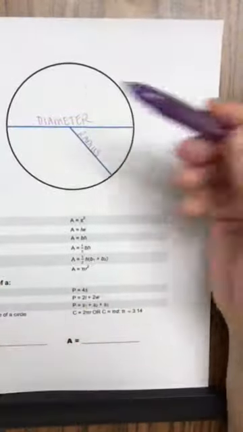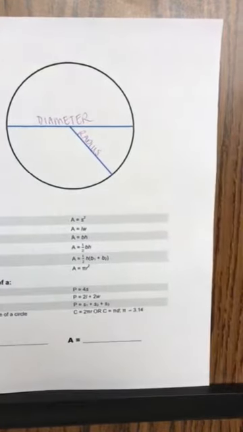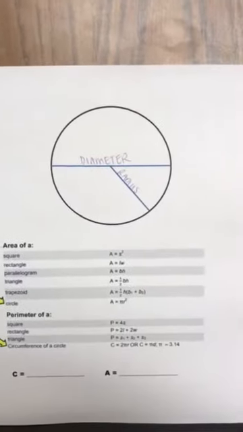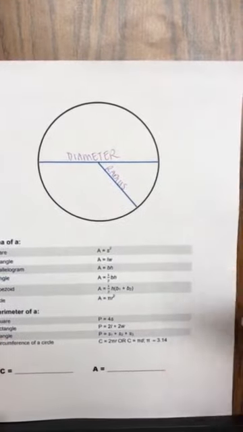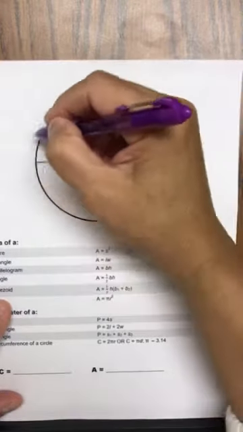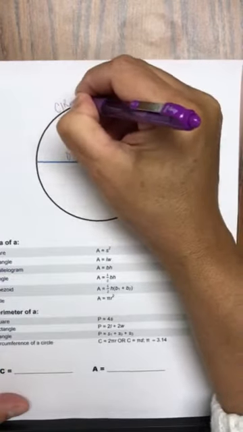And these two different measures on a circle are really, really important, and you need to know them in order to find the circumference and the area of a circle. So what is circumference? Circumference is actually the measure or the distance around a circle.